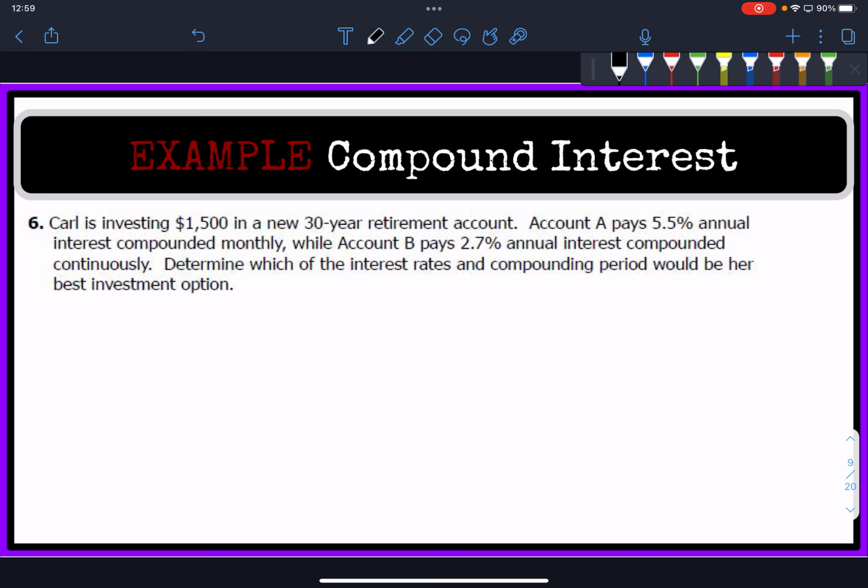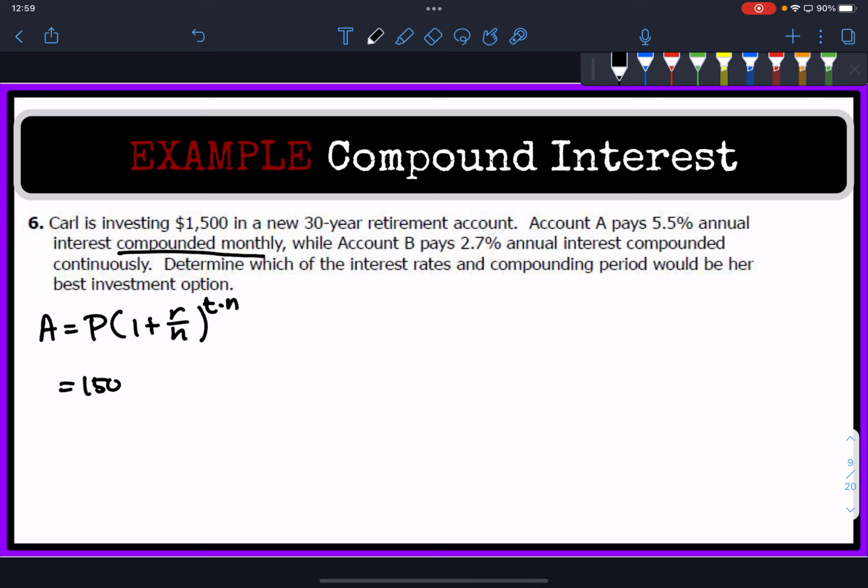With the first one, option A, because it's compounded monthly, we're going to use this formula here. And n is going to equal 12 because we're going to compound it 12 times in a year.